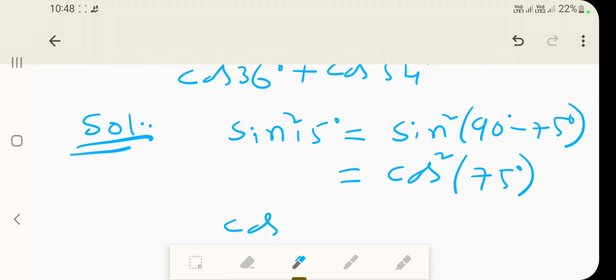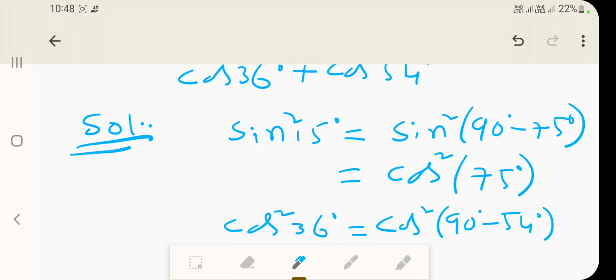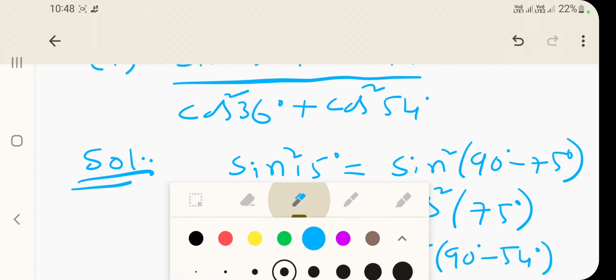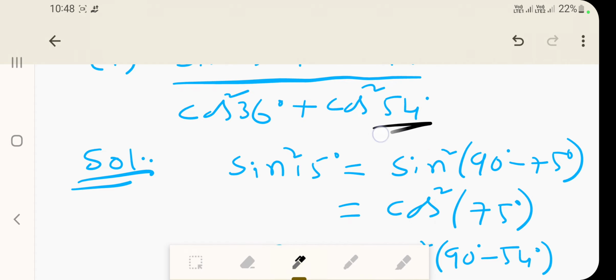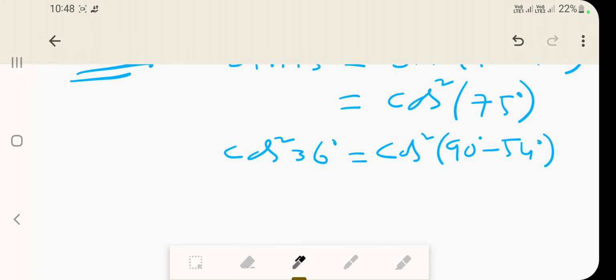Similarly, here we have cos square 36 degrees. We can write it as cos square 90 minus 54. Why 54? 90 minus 54 is 36, because here they have already given cos 54, and the sum of 36 plus 54 is 90. So we can write cos square 90 minus 54.